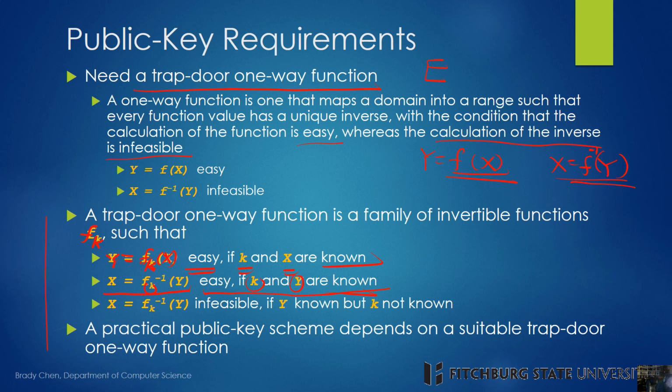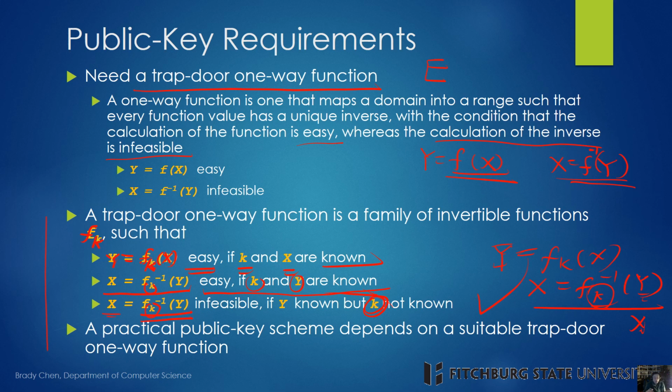But if k is unknown, then it should be very, very difficult to calculate f sub k inverse of y. So the key is important. We want f sub k of x to be easy to calculate to generate the ciphertext y, and it should also be easy to calculate the inverse if we know k and y. But if we don't know k, then it's difficult to do.